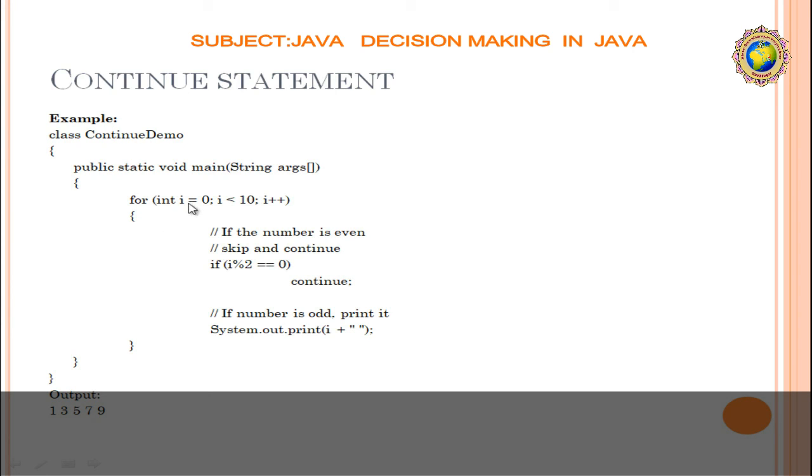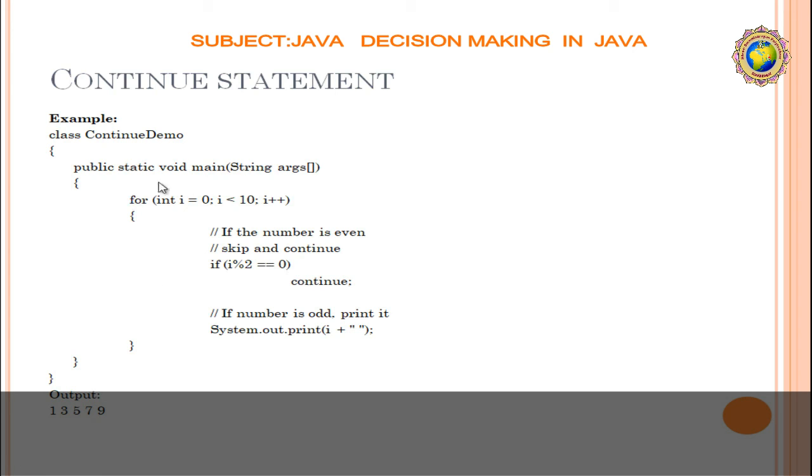So 0 modulo 2 is 0, so it will not print. But 1 modulo 2 is not equal to 0, so it will print 1. Next 2 modulo 2 equal to 0, yes, then continue, so it will not print.